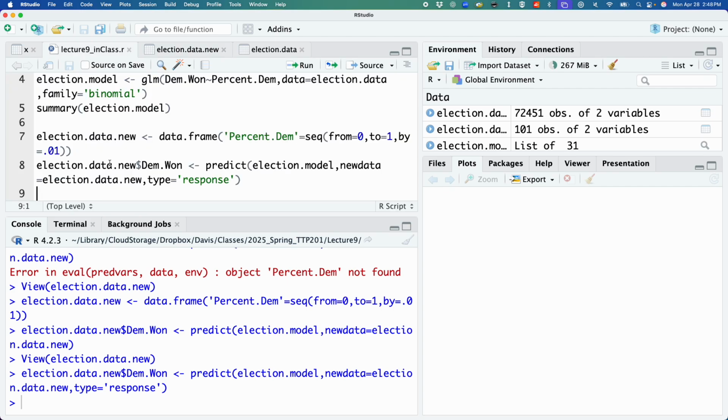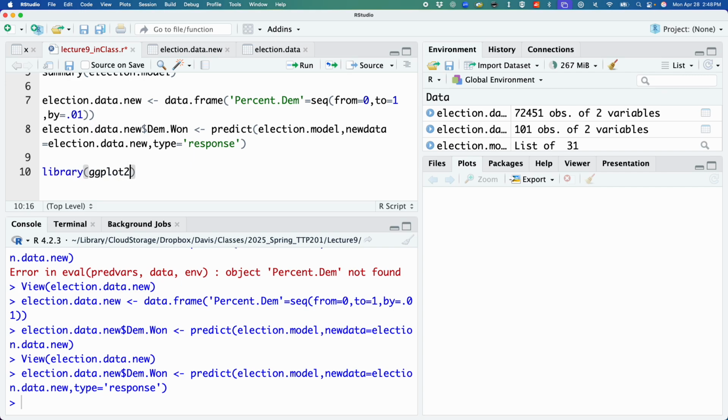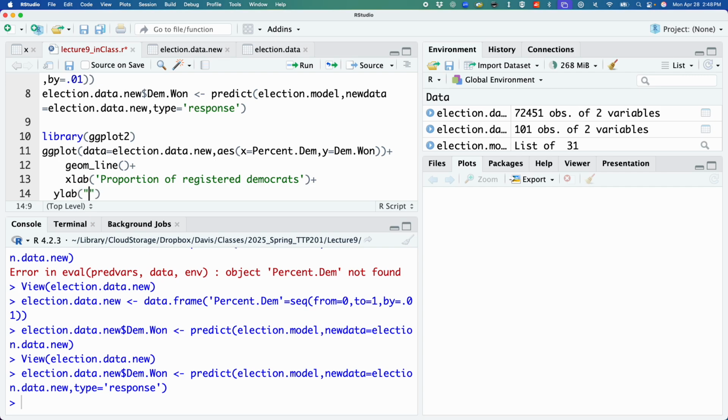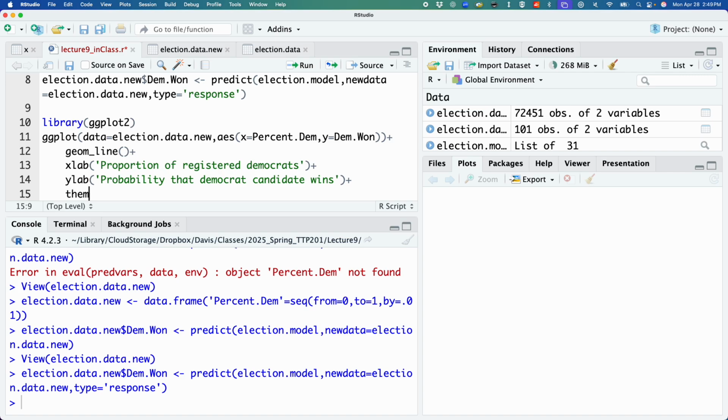Okay, and so if I put this into a plot, okay, run this guy.